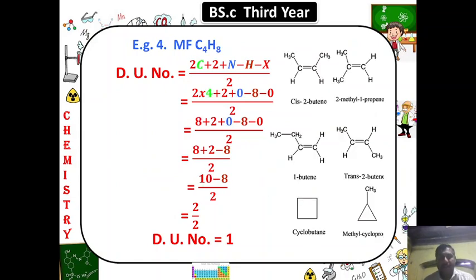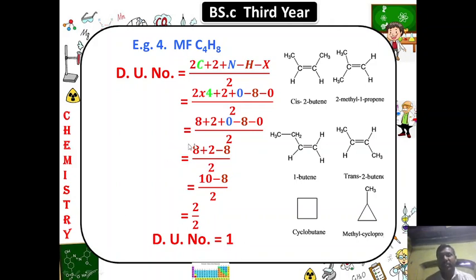Then the next example is the molecular formula C4H8. Here there is only carbon and hydrogen. We put the carbon value 4 and the hydrogen value 8. 8 plus 2 is 10, and 10 minus 8 is 2. 2 by 2 is 1.